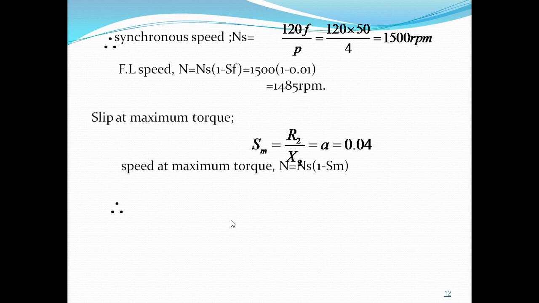So speed at maximum torque nr is equal to ns into 1 minus s. So that is 1500 into 1 minus 0.04, that is 1440 RPM. Note down this.